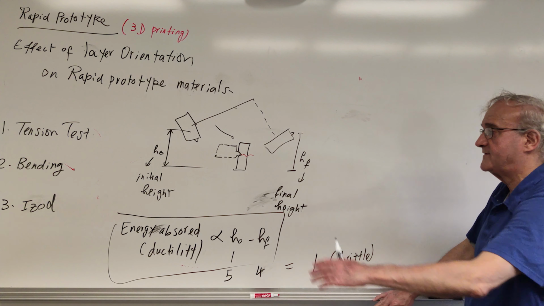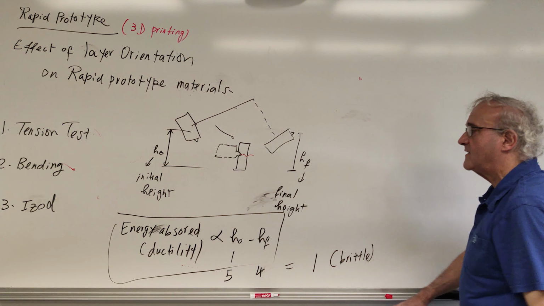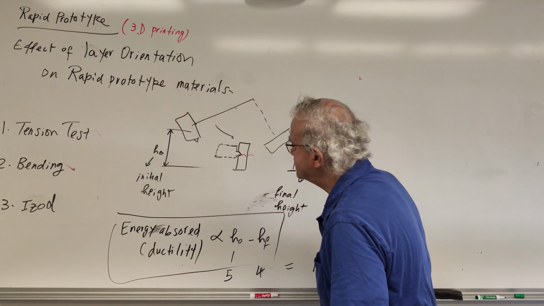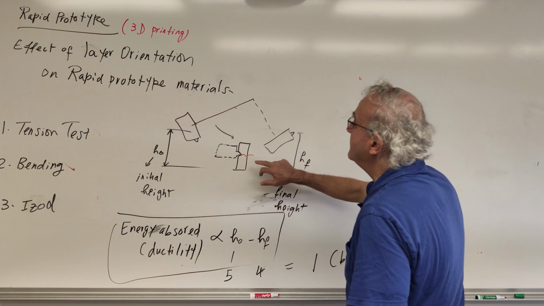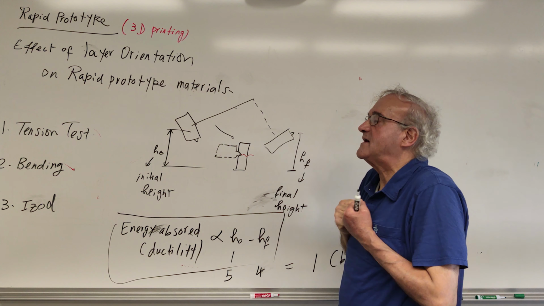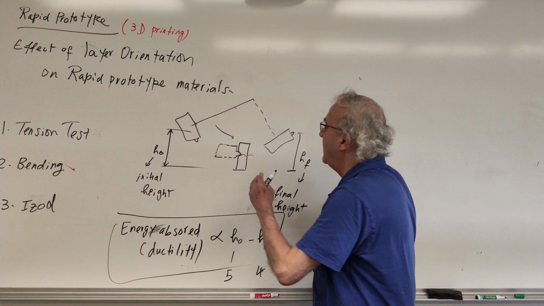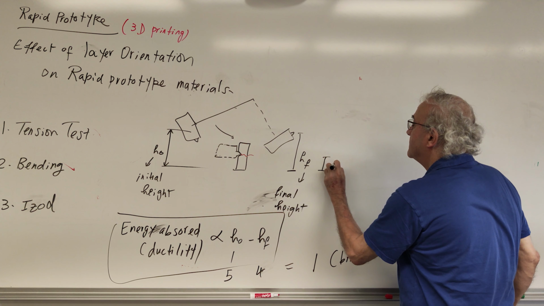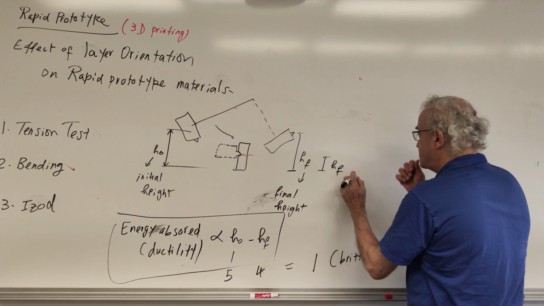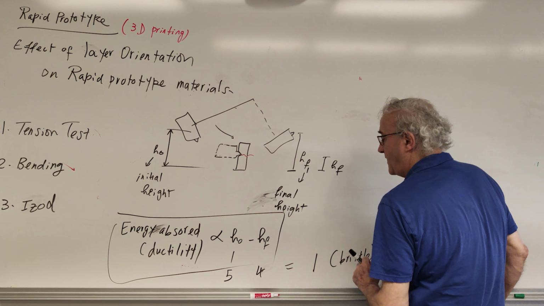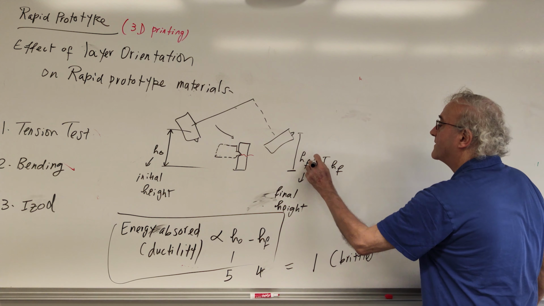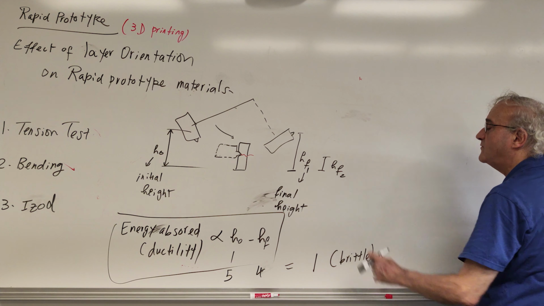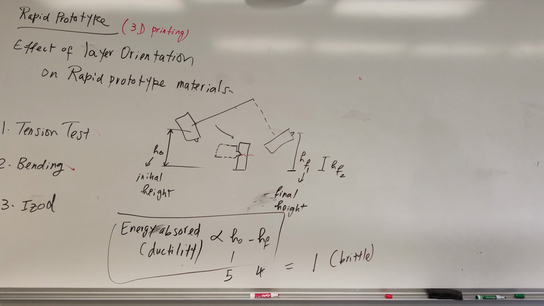On the other hand, if the hammer comes toward the sample and the sample absorbs the energy, then this is HF1 for a brittle material and this is HF2 for a ductile material.